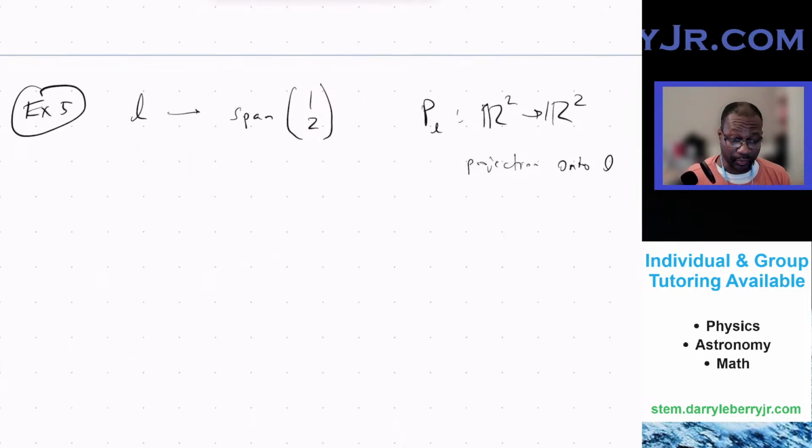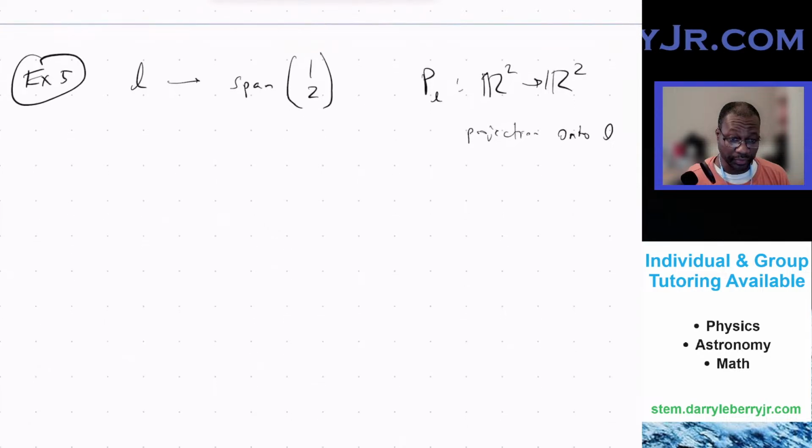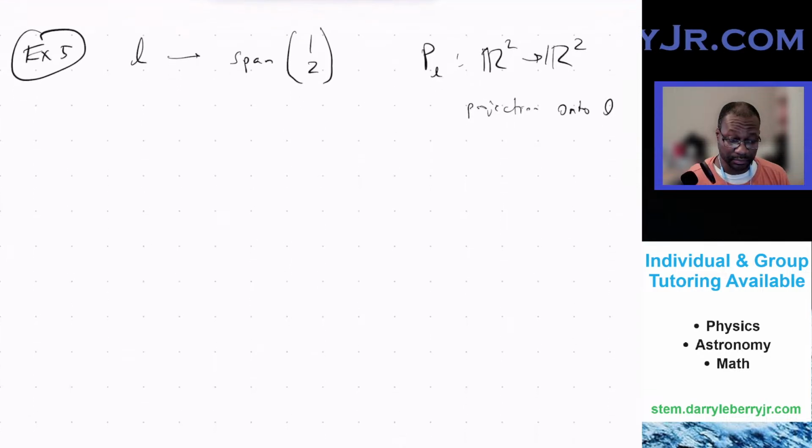We checked in example 1C that this is a linear map. Thus, we can find the standard matrix for the projection onto L. To do this, we compute the projection. That's the standard matrix for that single vector.